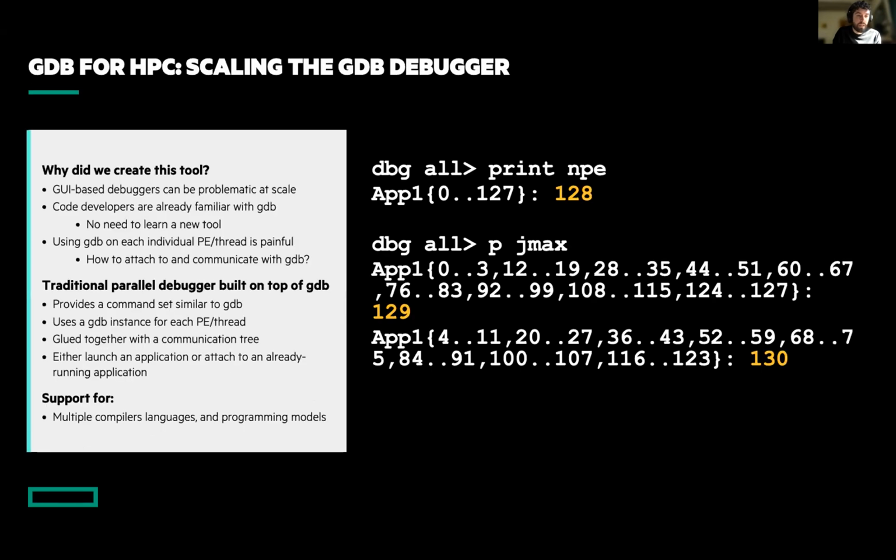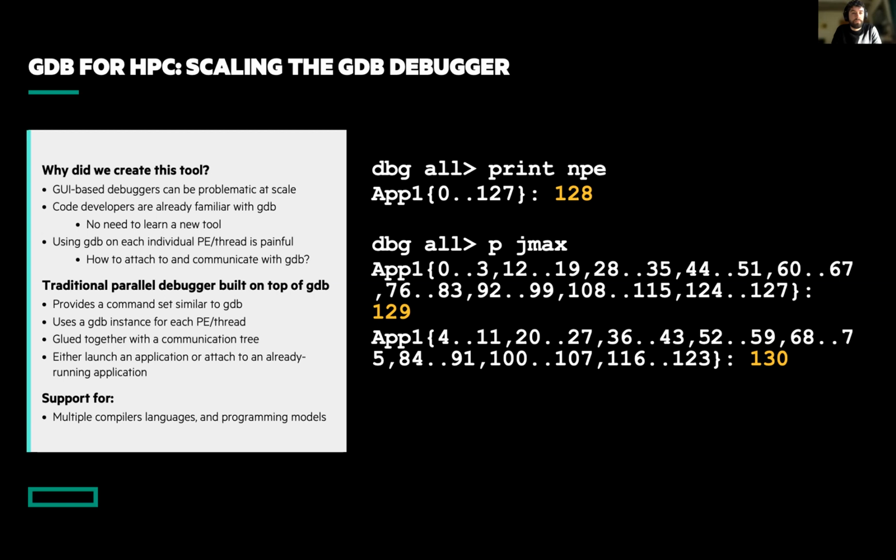So GDB for HPC, and the point here is that debugging at scale is difficult, and GDB is a well-used tool for debugging on HPC systems that many people know well, but it was quite difficult to work with when you have many processes.